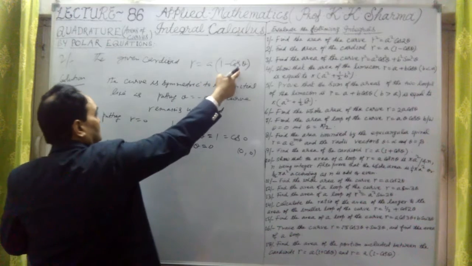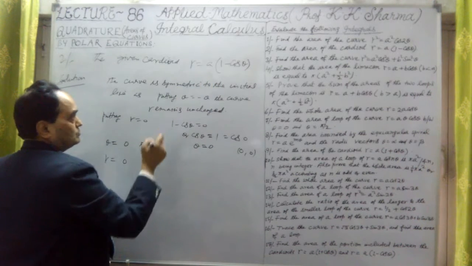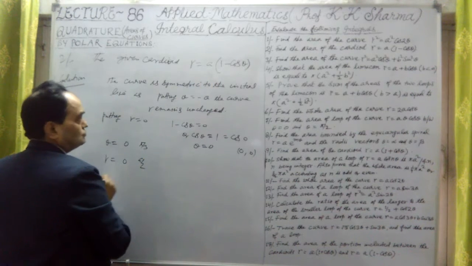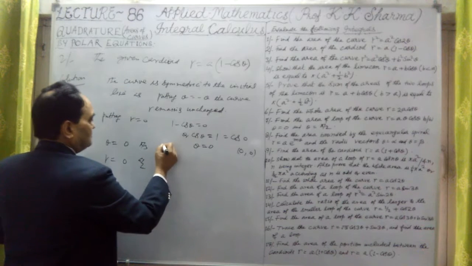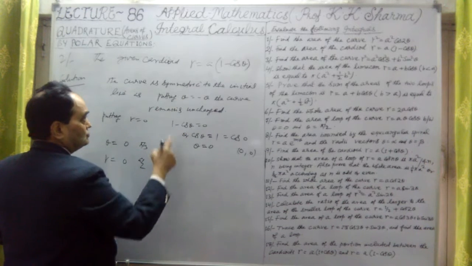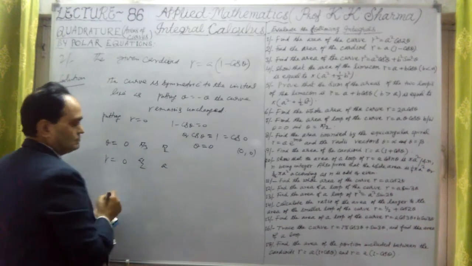At pi by 3, r is equal to a by 2. Then at pi by 2, it is a.